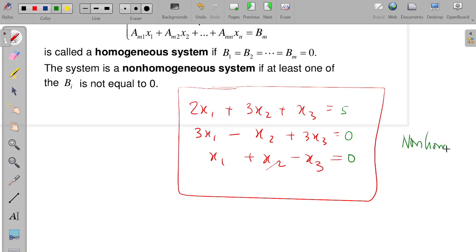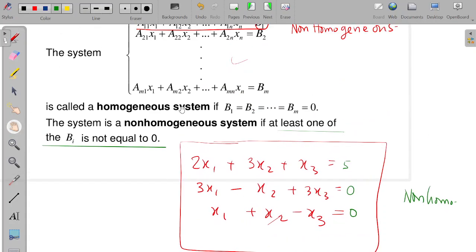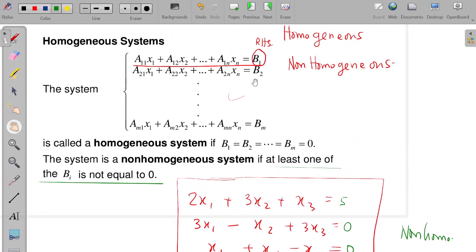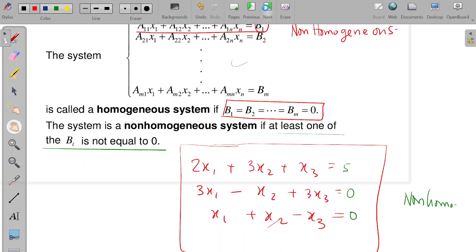The system is non-homogeneous if at least one of the b_i is not 0, but for it to be homogeneous, all of the b_i must be 0. Please ensure that you understand.